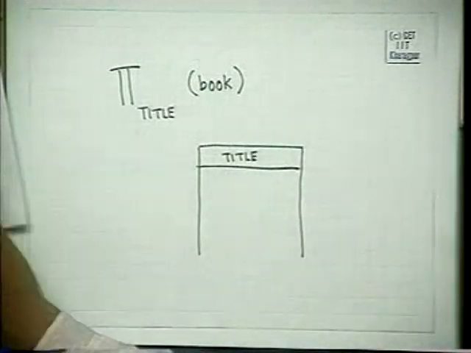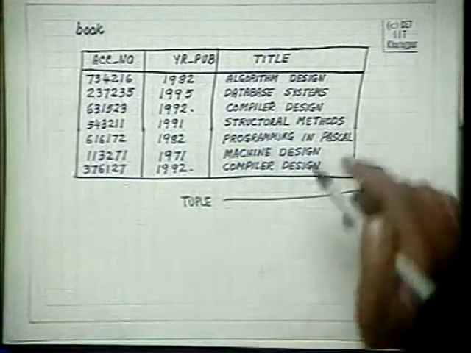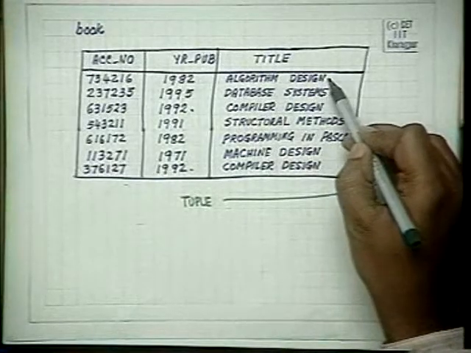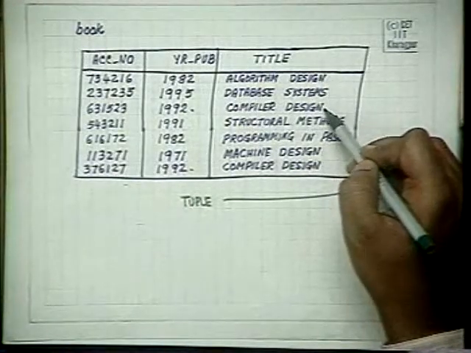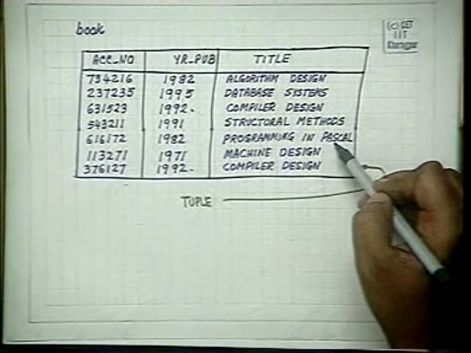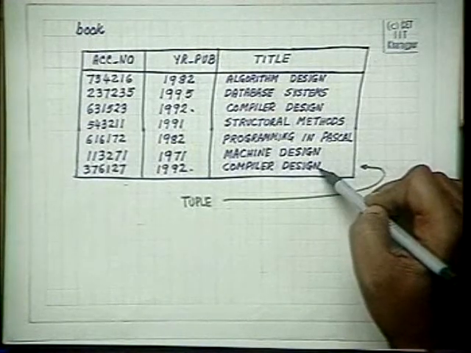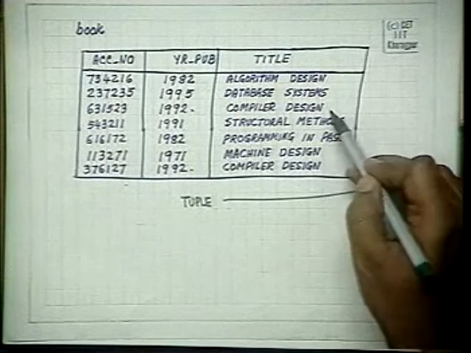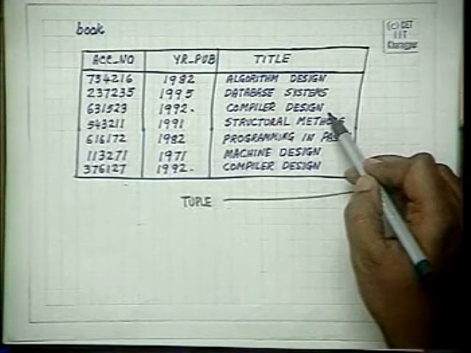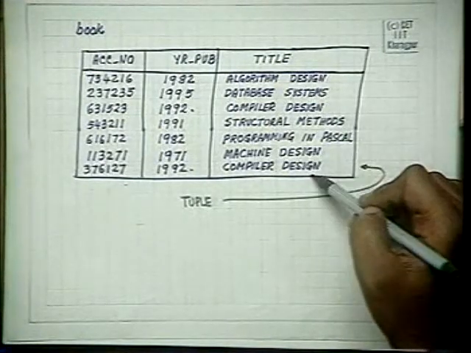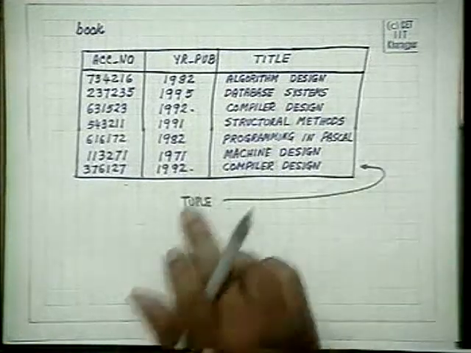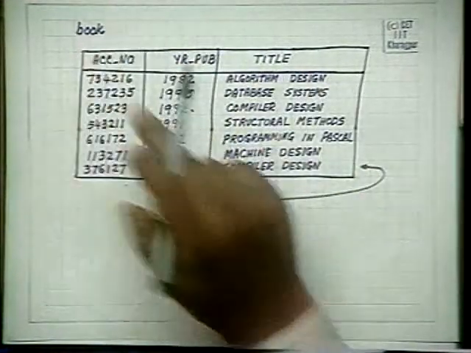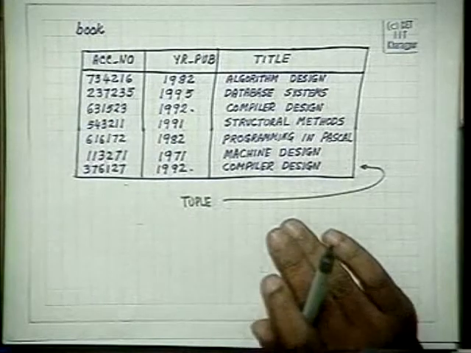And this attribute will contain: algorithm design, database systems, compiler design, structural methods, programming in Pascal, machine design. But this compiler design will not be there because this is already there. So instead of having 7 entries now, the pi title of book will have only 6 entries, 6 tuples.